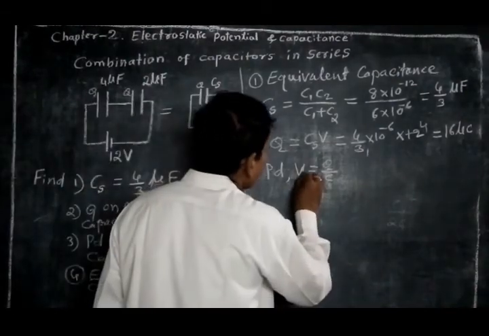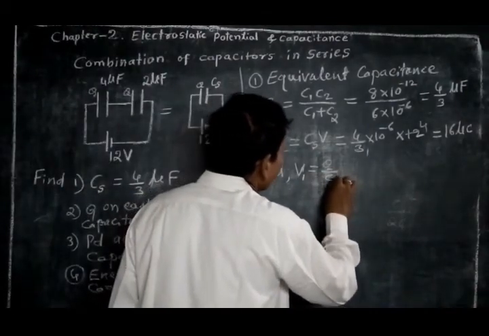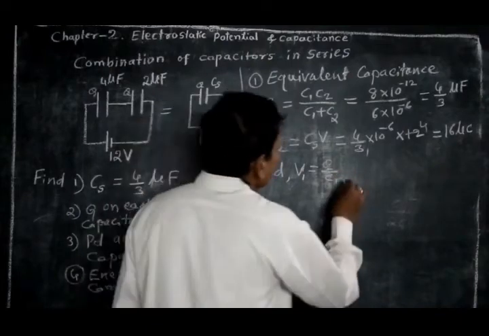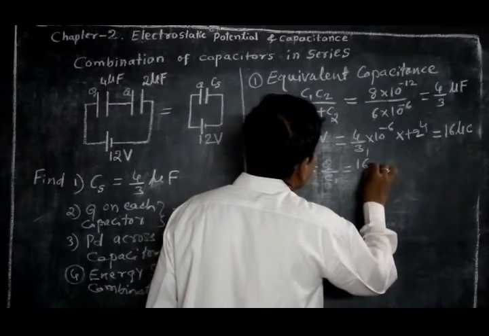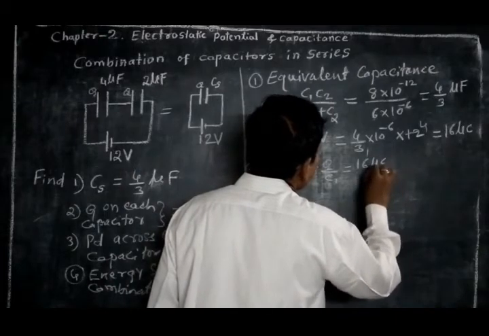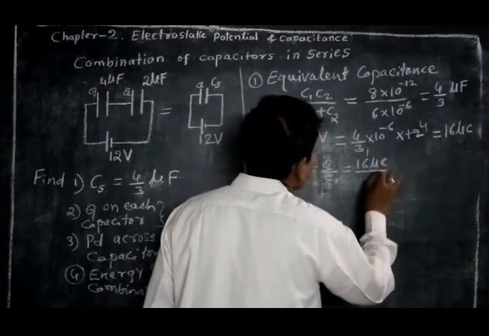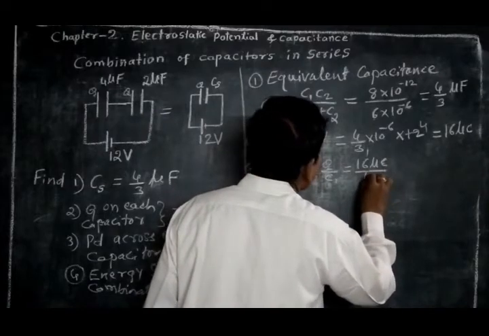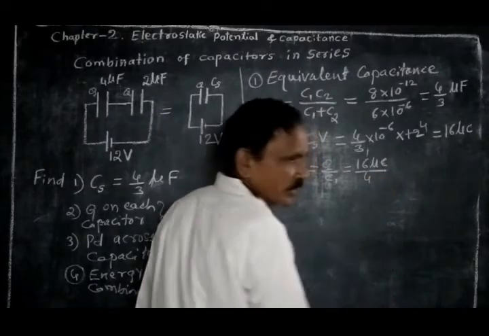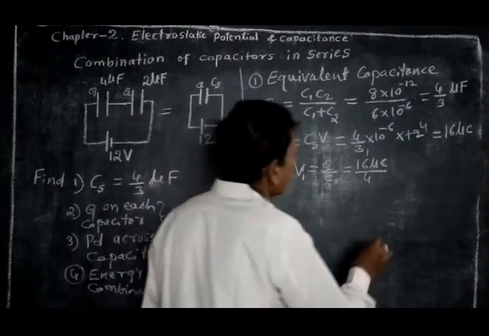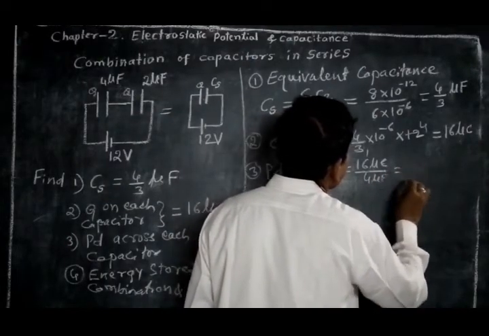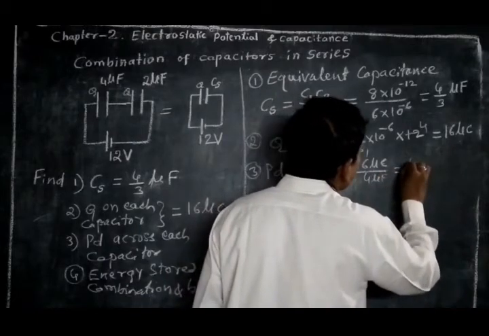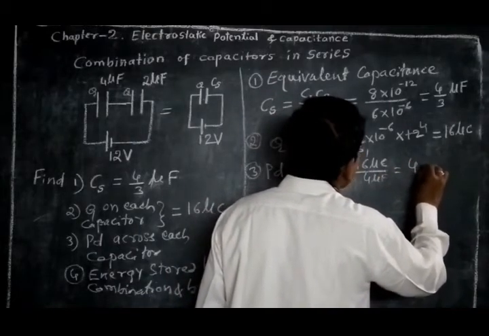Q equal to 16 microcoulomb divided by C1 equal to 4 microfarad, and that is equal to 4 ones are 4, 4 volt.